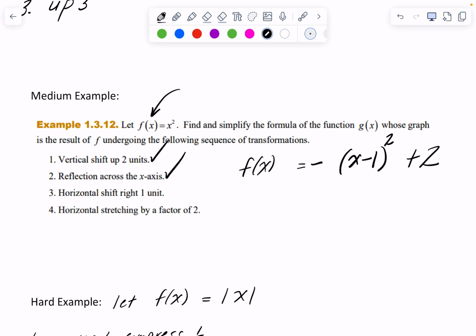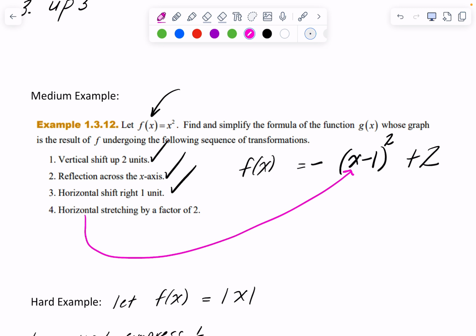And then horizontal stretching by a factor of 2. Horizontal stretching. So I'm going to go like this. Okay, wait a minute. Horizontal goes inside, true? And it said stretching by 2. So what would have to be in front to have it stretch by 2? 1/2.